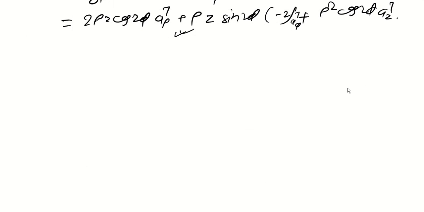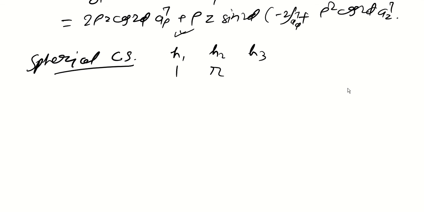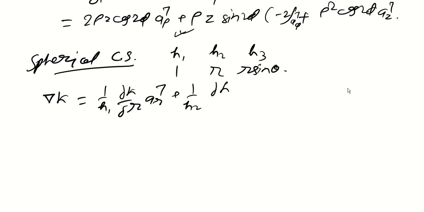So you are getting del k in terms of cylindrical coordinate systems like this. Last, we are going to move to spherical systems for gradient. So in a spherical coordinate system, what were h1, h2 and h3? 1, r, r sin theta. So del k will be 1 by h1 dou k by dou r a r plus 1 by h2 dou k by dou theta a theta plus 1 by h3 dou k by dou phi a phi.